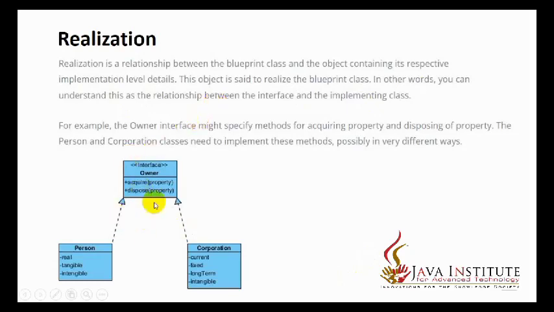For example, the owner interface might specify methods of acquiring property and disposing of property. The person and the corporation classes need to implement these methods. Here you can see that the corporation and the person have to implement them, possibly in very different ways. This is the realization.